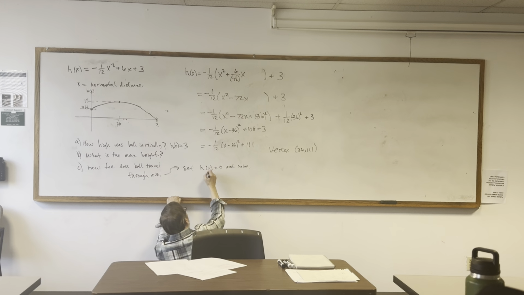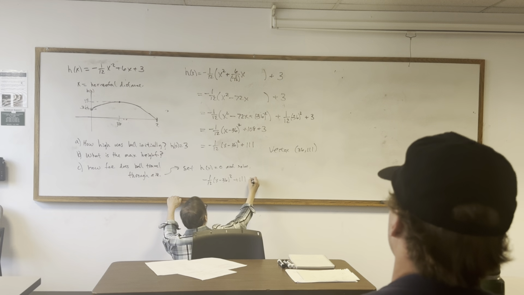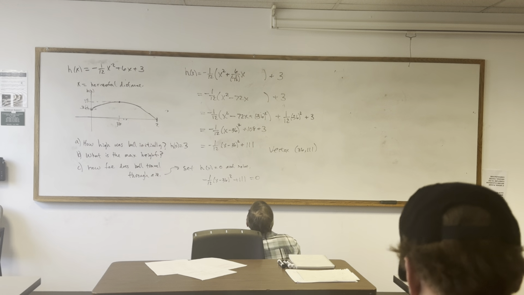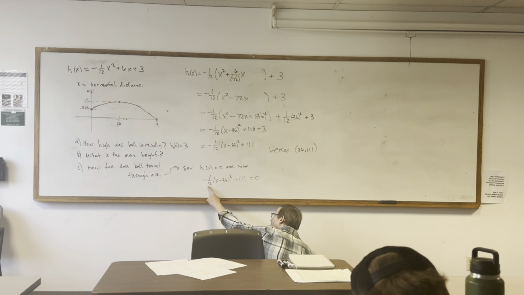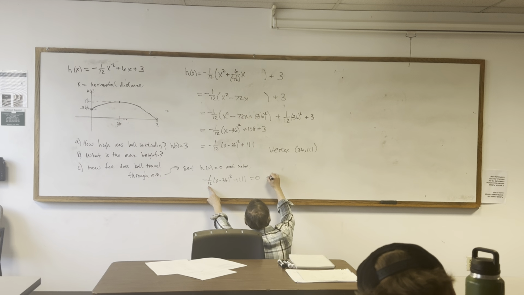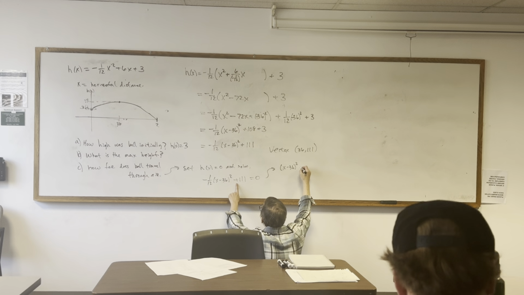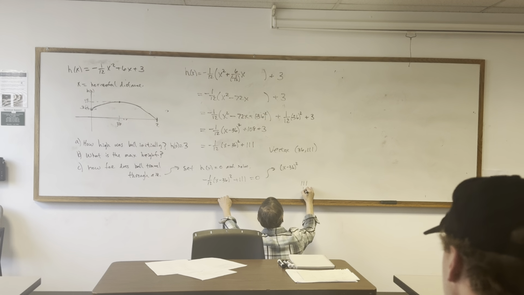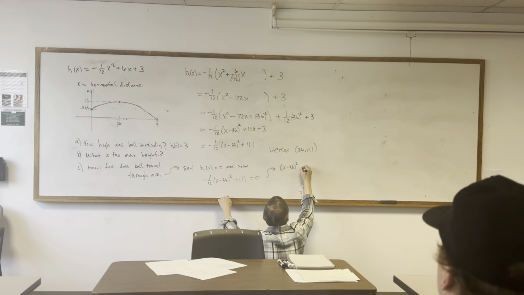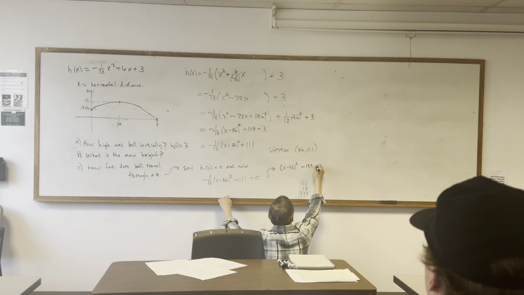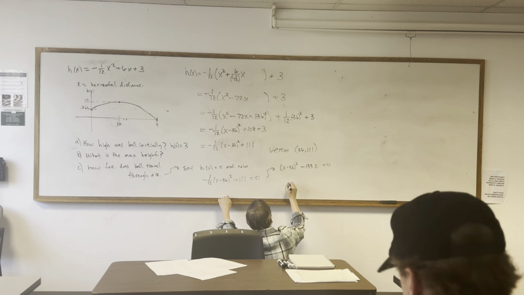So we're going to get -1/12 (x minus 36) squared plus 111 equals 0. I think I'm just going to multiply through by -12 to clear that out. So that's going to be (x minus 36) squared, and then 111 times 12. That's not too bad. So that is minus 1332 equals 0.